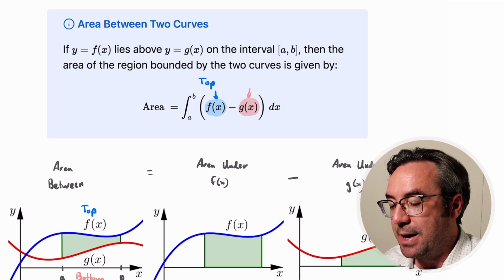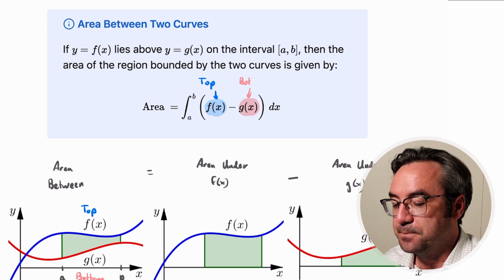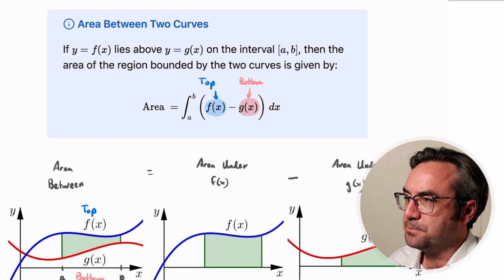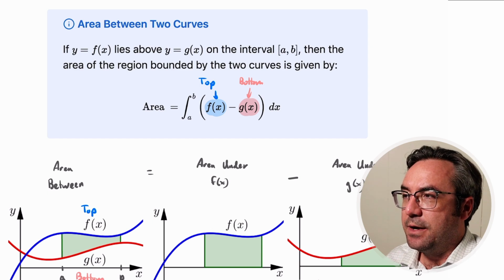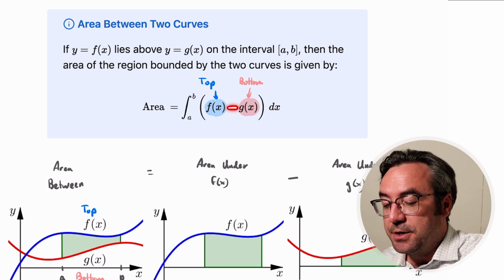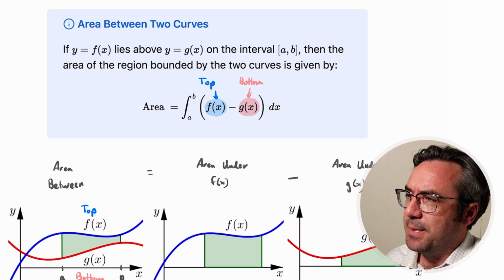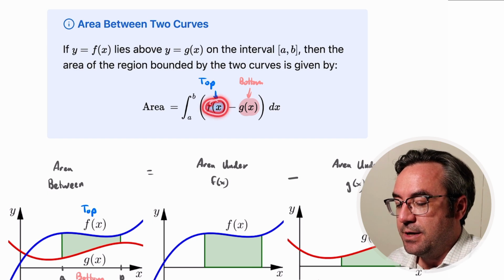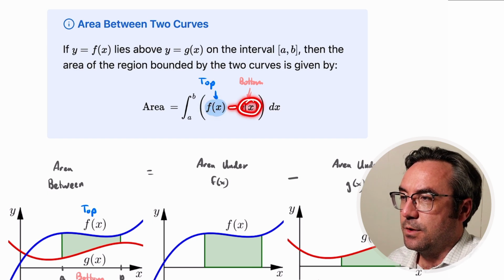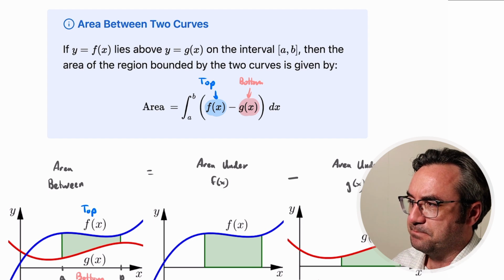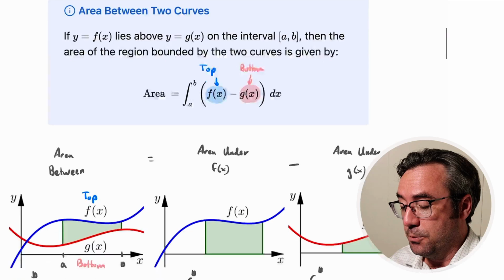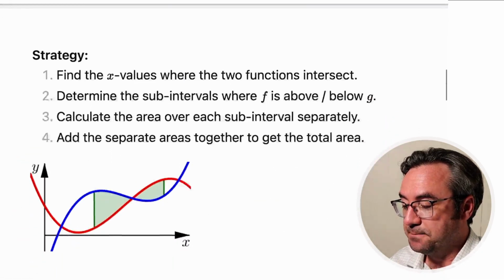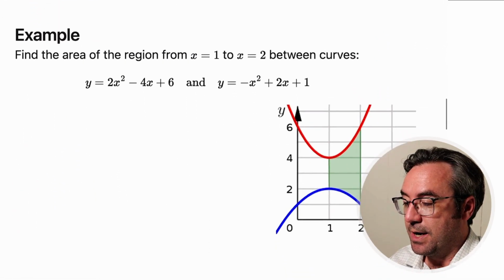So we want this to be our bottom function. And the reason why the order matters here is because we have this subtraction sign in the middle. So we're taking the higher up function and we're removing the bottom function. All right, so with that in mind, let's try an example.